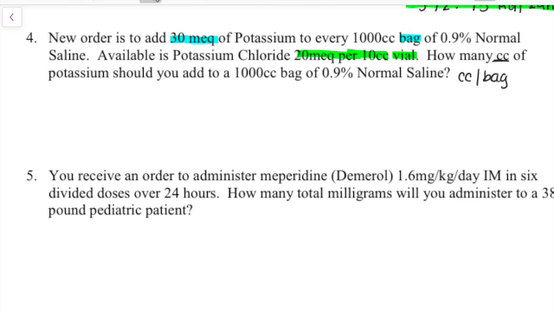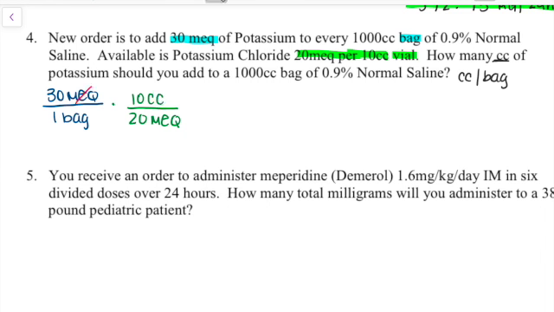Our order is 30 milliequivalents per bag. Available is 20 milliequivalents per a 10 cc vial.